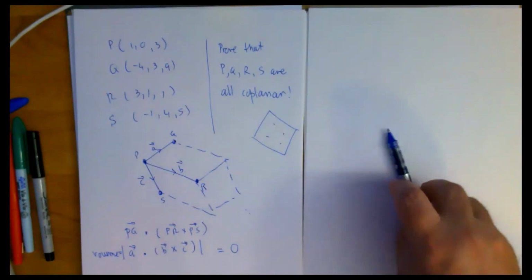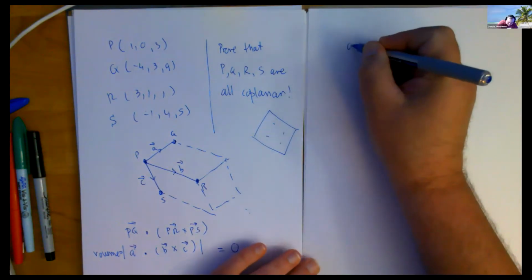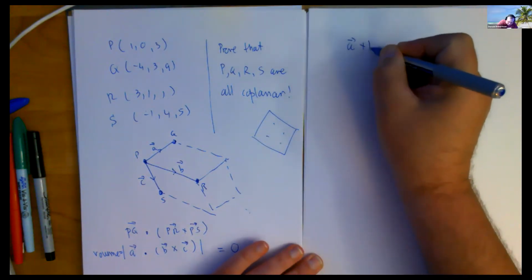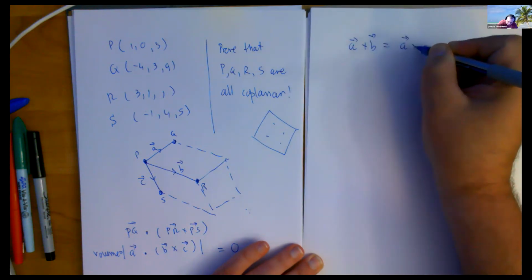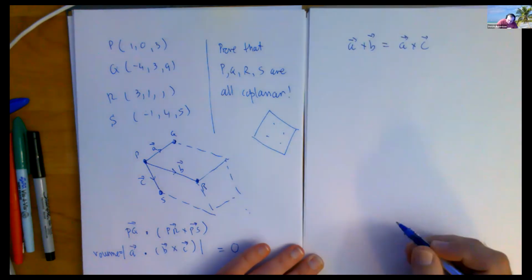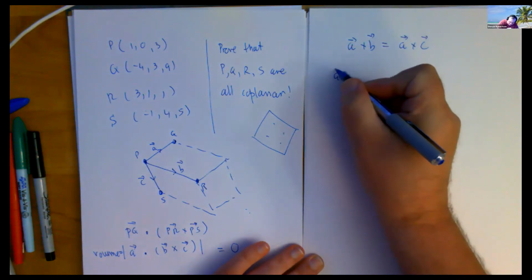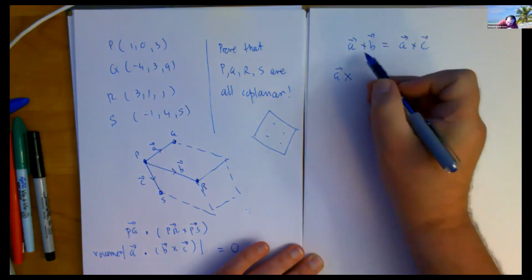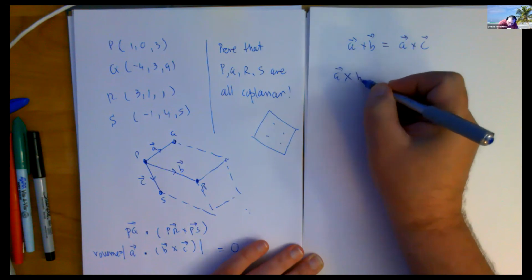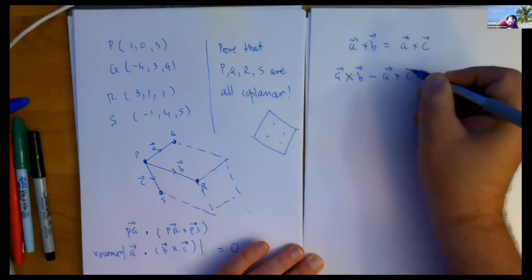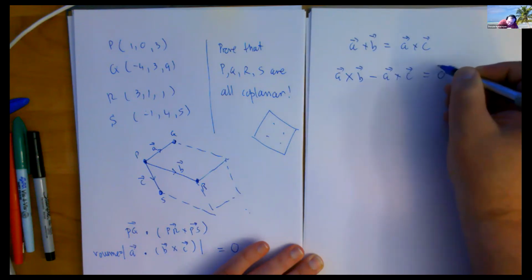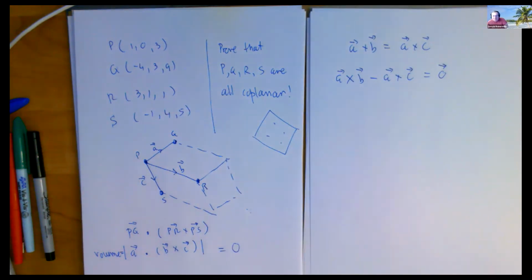So let me look at it from a slightly different perspective here. Now, if you take this guy and you subtract that guy, you do get the 0 vector. That is acceptable.